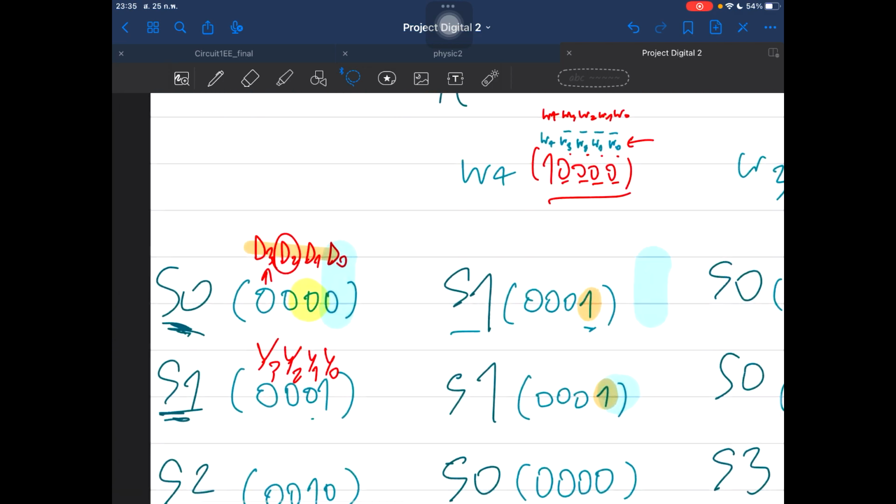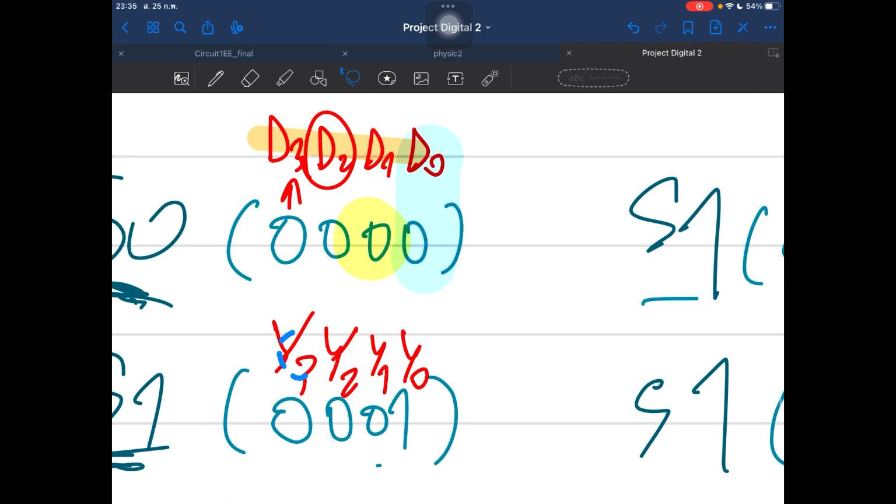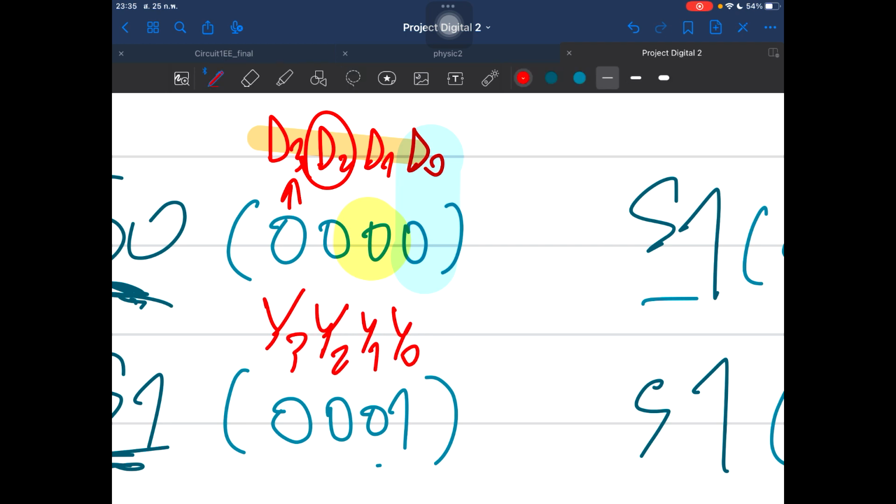Like the W4 in Y3, when Y3 is 1. When Y3 is 0, then Y3 that. Y2 0, Y2 that. Y1 is 0, Y1 that. Y0 is 1, then Y0 only.